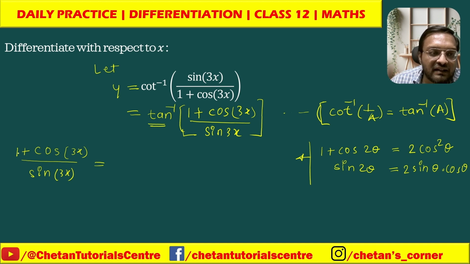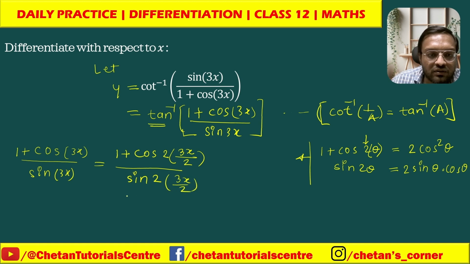Now I will make adjustments so that I can have 2 which will be multiplied with the value of angle which is inside the bracket. So I will make an adjustment: 1 plus cos 2 into 3x upon 2, divided by sin 2 into 3x upon 2 inside the bracket.